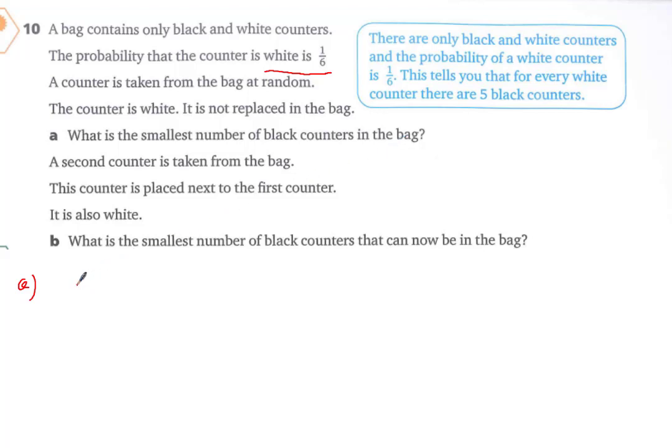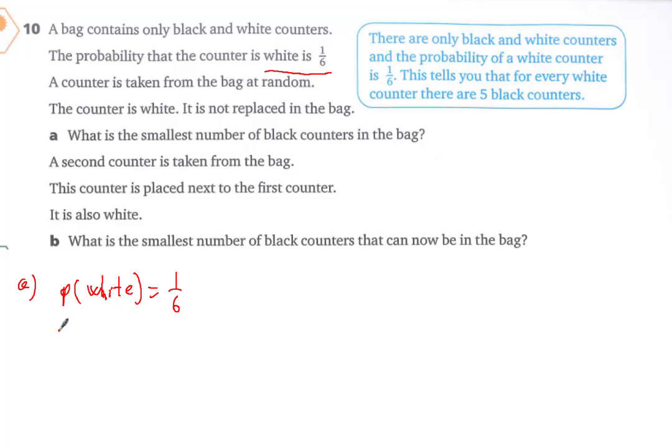So, if the probability that the counter is white is 1 over 6, that means for every white counter we have 5 black ones. So the minimum number of black counters in the bag will be 5.